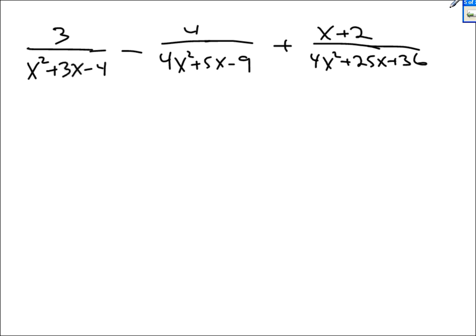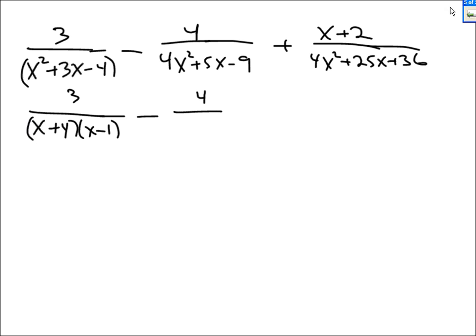As I said before, you need to know the factors. You need to factor these denominators. This denominator here is going to be x plus 4, x minus 1.